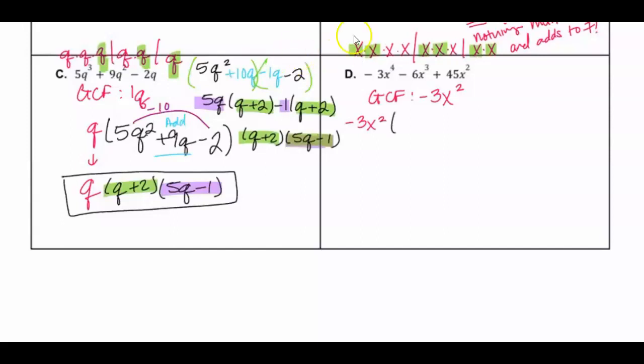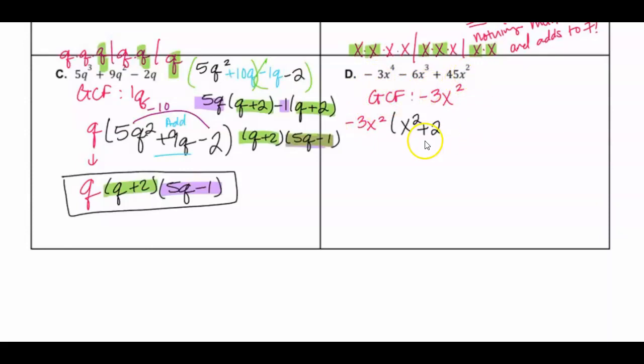And then work backwards. Negative 3 times 1 is negative 3, so it's already negative 3. And then I can see I have two leftover x's, so x squared times x squared is x to the 4th power. Negative 3 times what is negative 6? Well, negative 3 times 2. Negative 3 times what is positive 40?